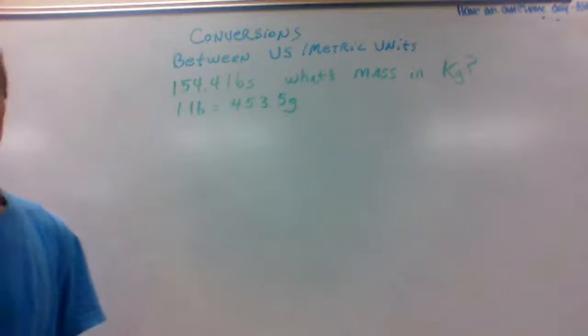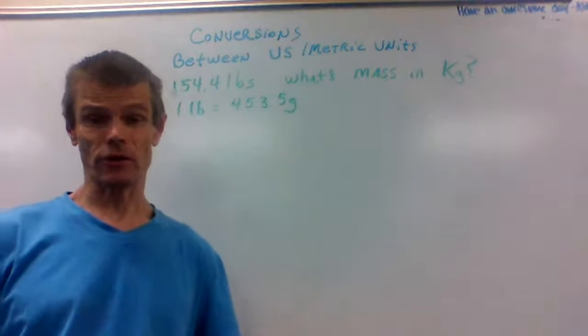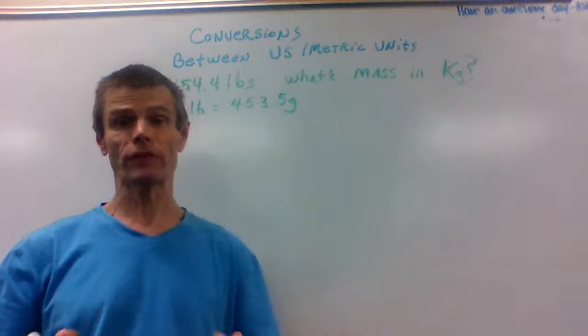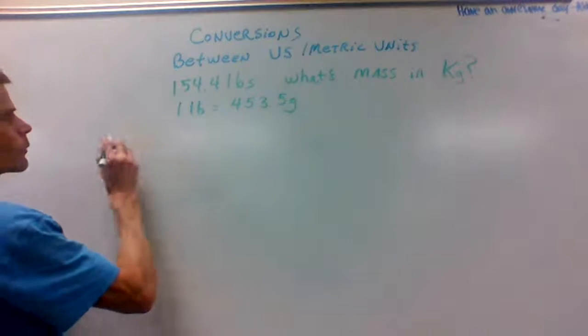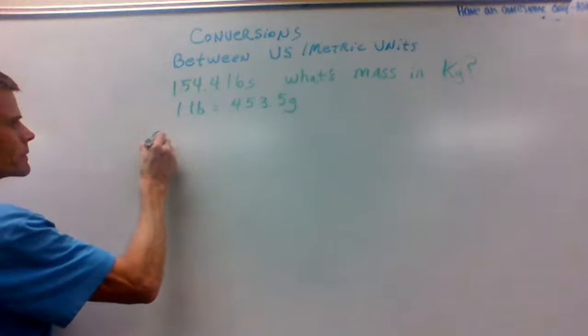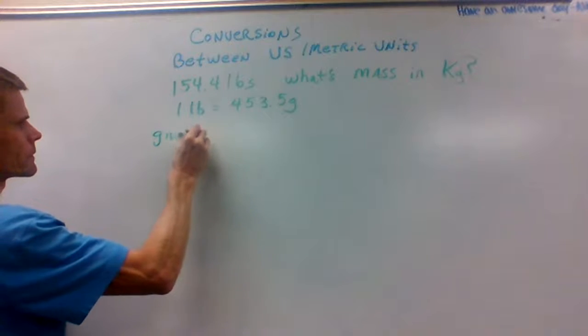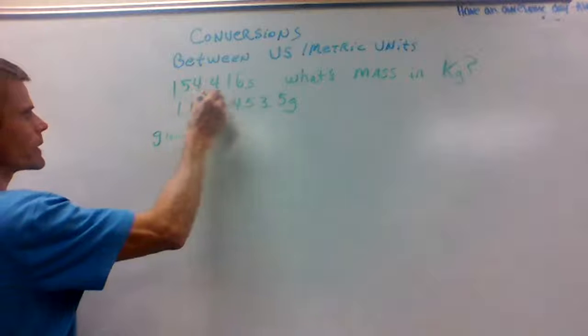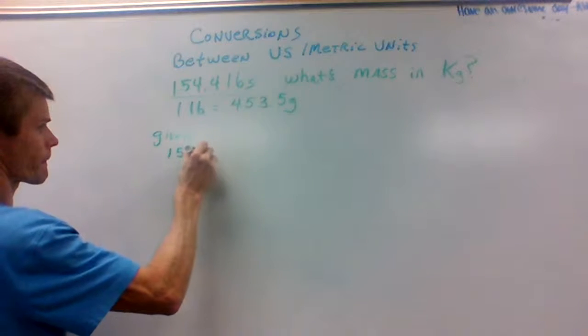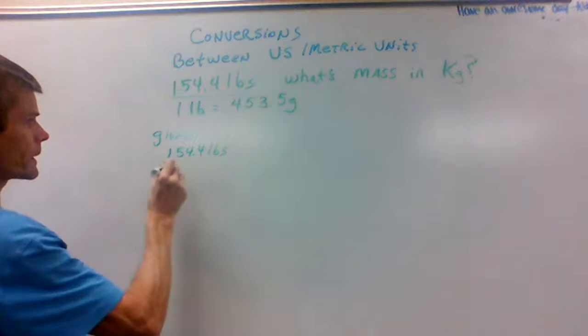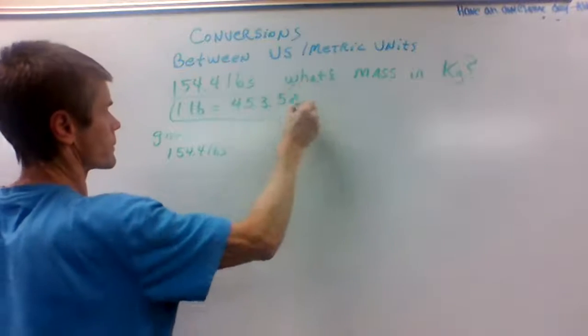Okay, so good strategy. We need a strategy to solve this. Well, a good place to start is to write down everything that's given to you. So what's given to us is the weight in pounds and our conversion factor.